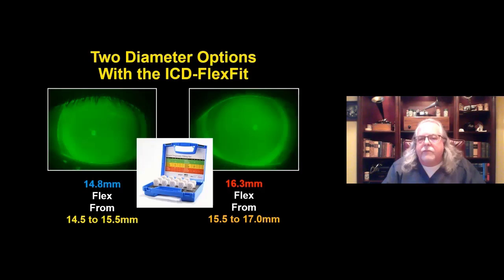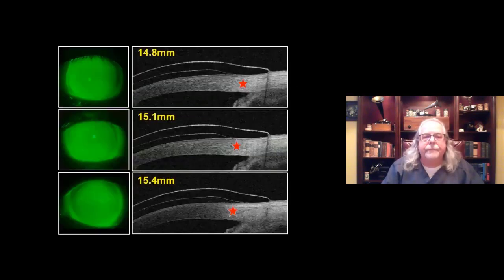It is a straight calculation that is made by the laboratory and by the lathe that allows you to diagnostically fit the contact lens with the 16.3 or 14.8 and then maintain that same sagittal depth when you increase or decrease the diameter of the lens.